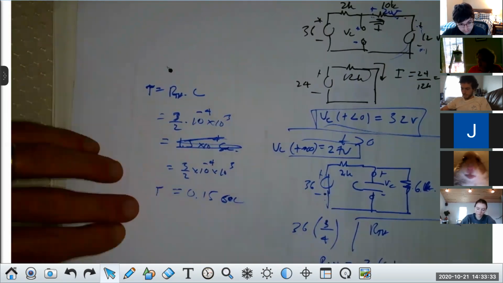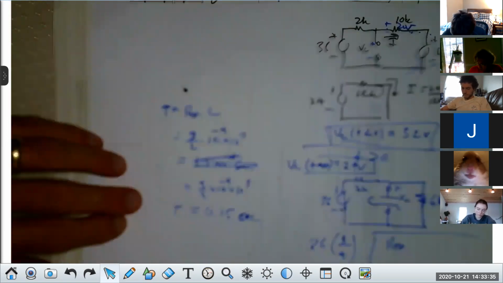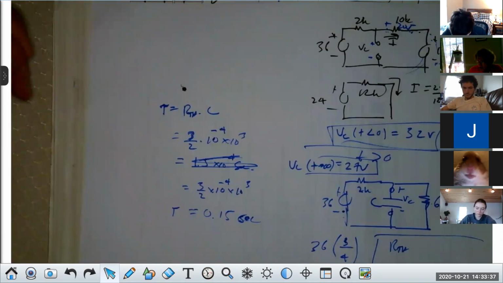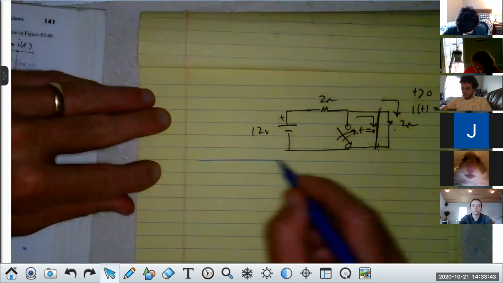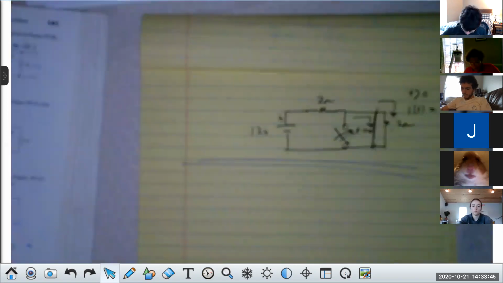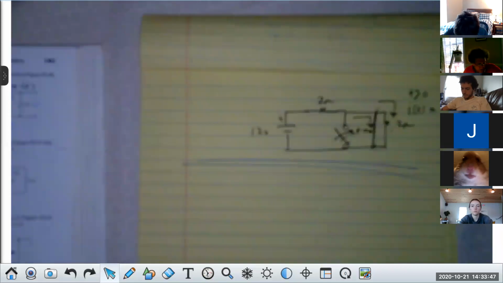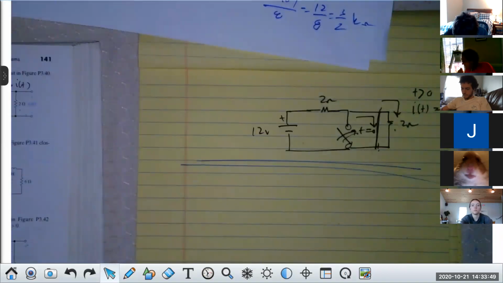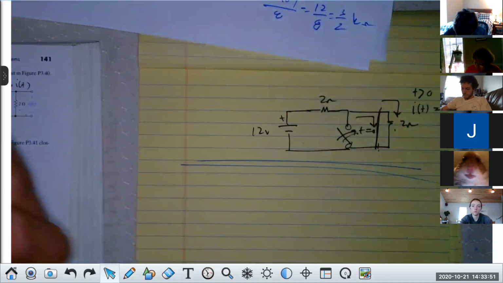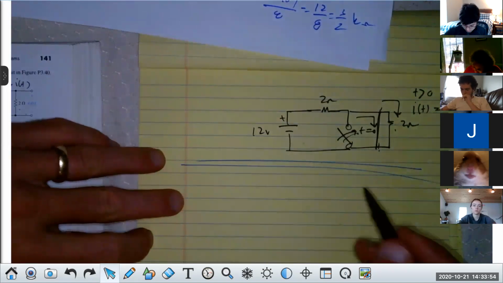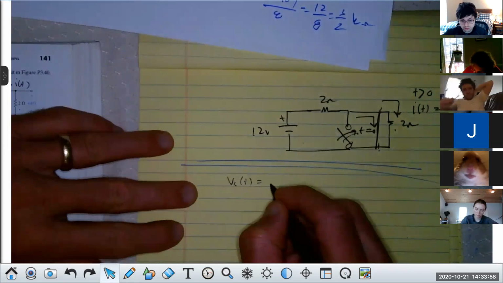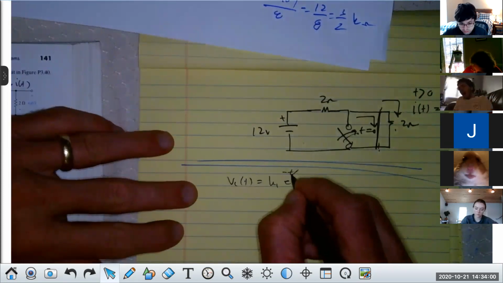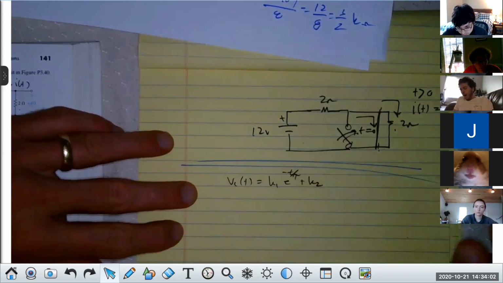Now that we have that, what do we do? I've got the voltage for T less than 0, the voltage as T goes to infinity, and I've got tau. Now I go back here and I say, therefore, I know the voltage across the capacitor as a function of T is K1 e to the minus T over tau plus K2.